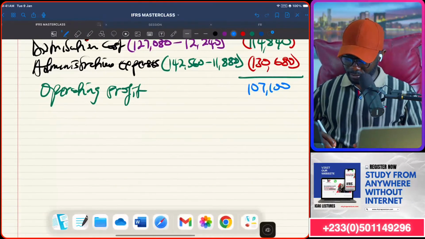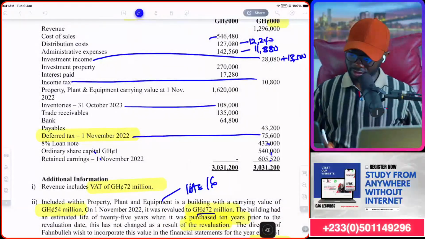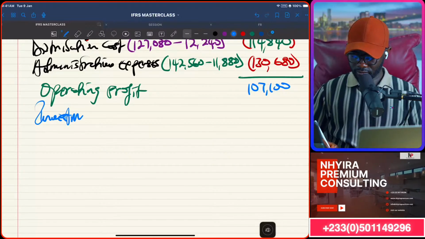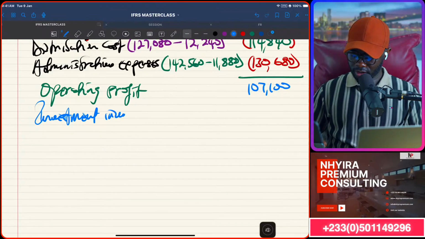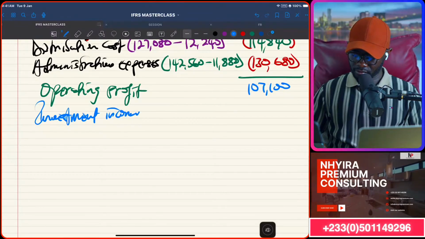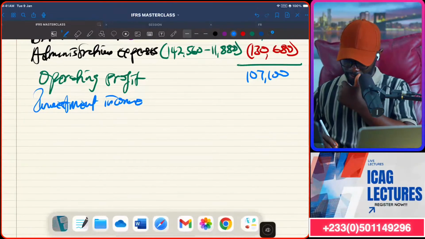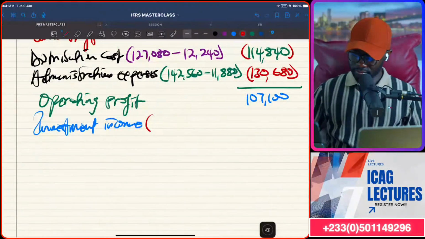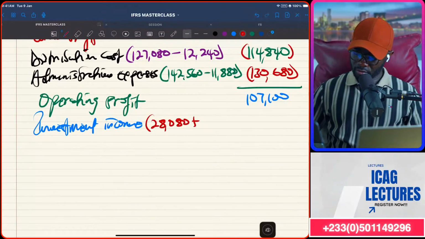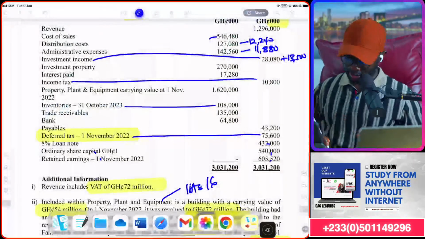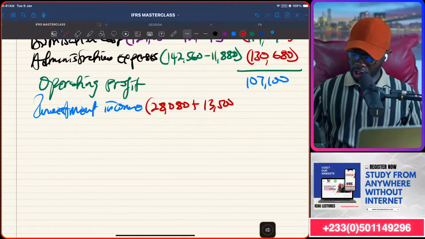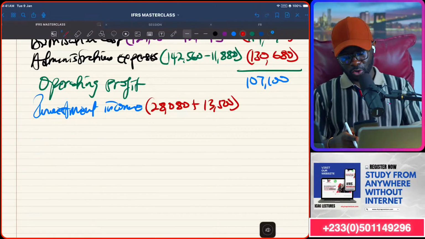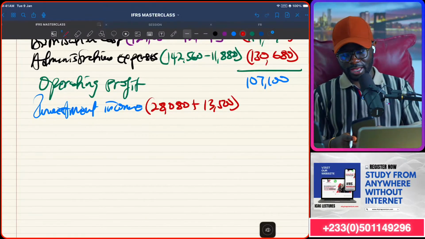Then remember the investment income, right? So we bring it in. So investment income. That is 28,080 plus 13,500, the fair value gain on the investment property, right? So 28,080 plus 13,500.